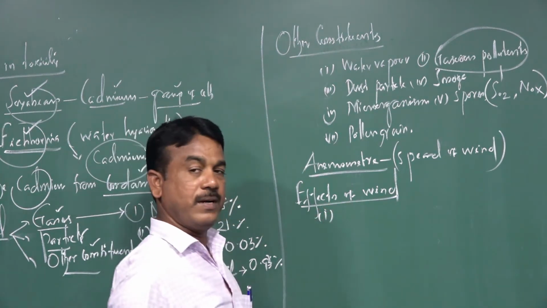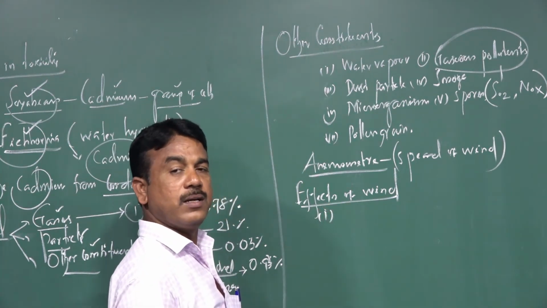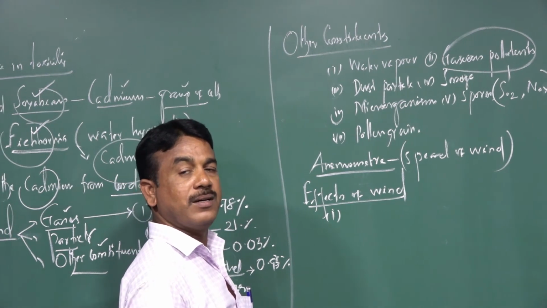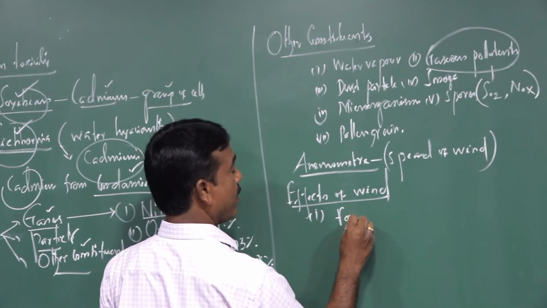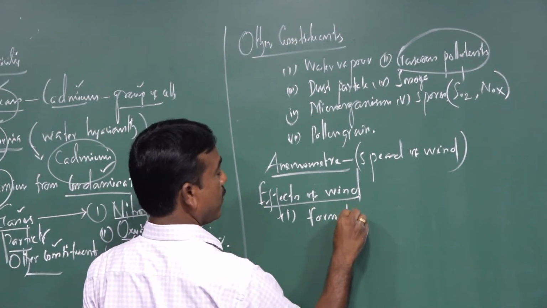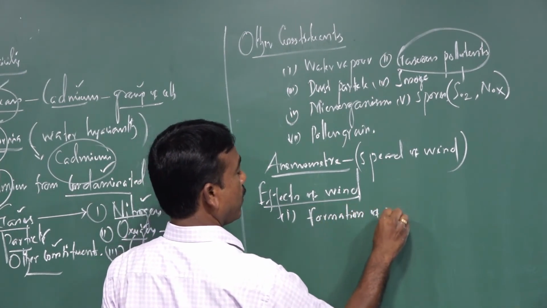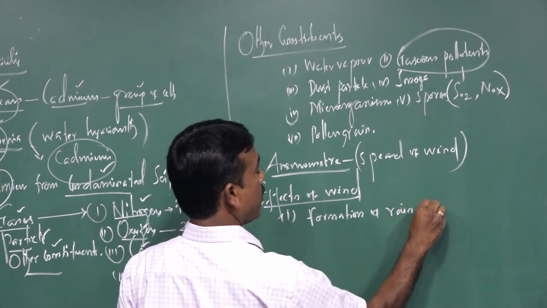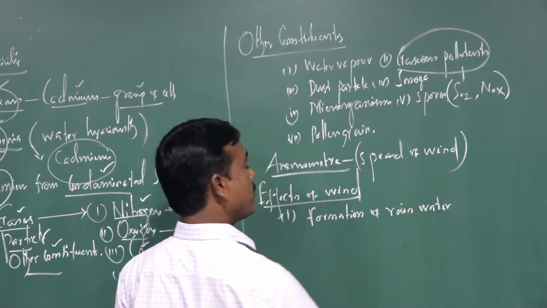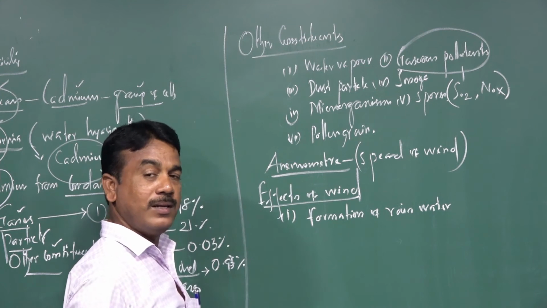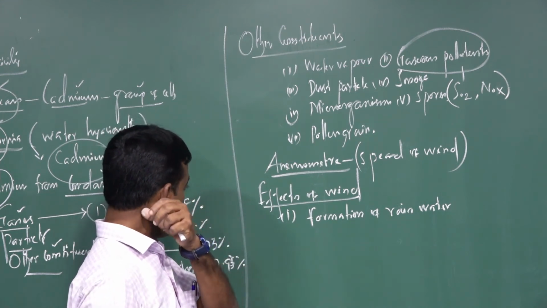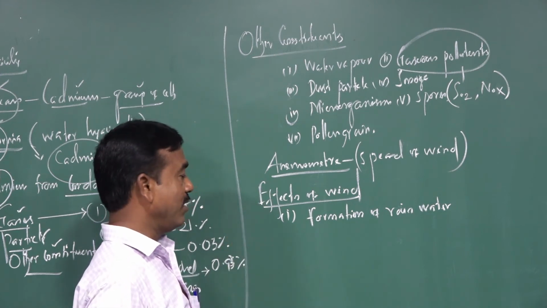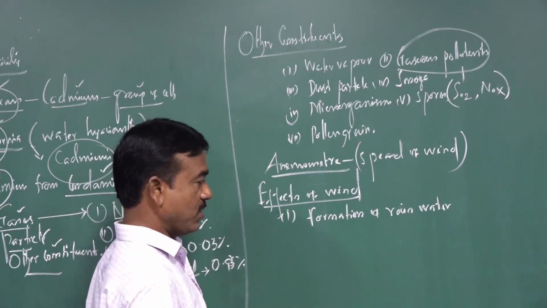First, effects of wind. Wind is one of the important factors responsible for the formation of rain. For rainwater to fall on the earth, there must be wind flow. So wind is one of the important factors responsible for the formation of rainwater.